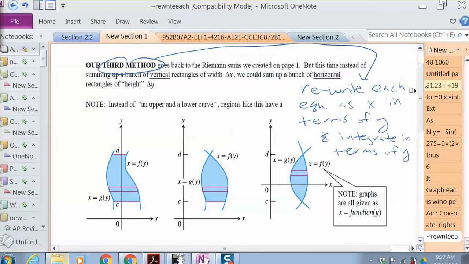Instead of stacking the rectangles from left to right, we're stacking the rectangles from bottom to top. So all these rectangles are going to have a height of delta y. And the width is going to be x right minus x left. That's why we talked about that in the beginning of this section.